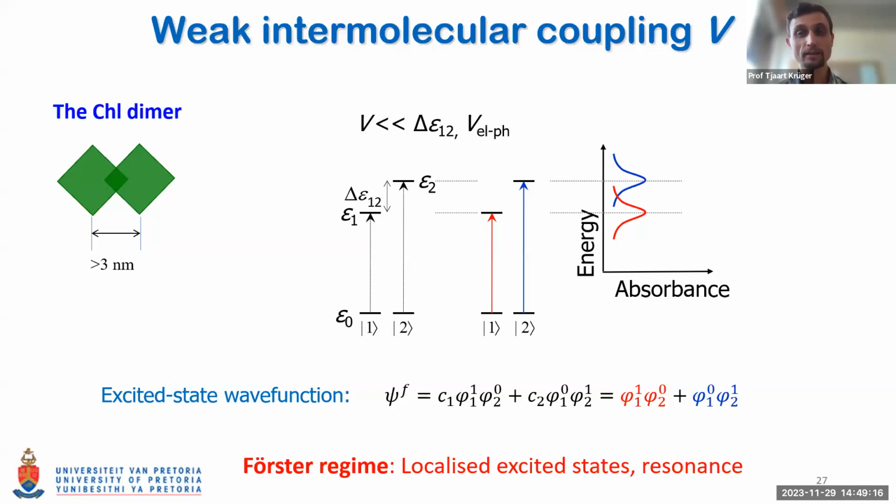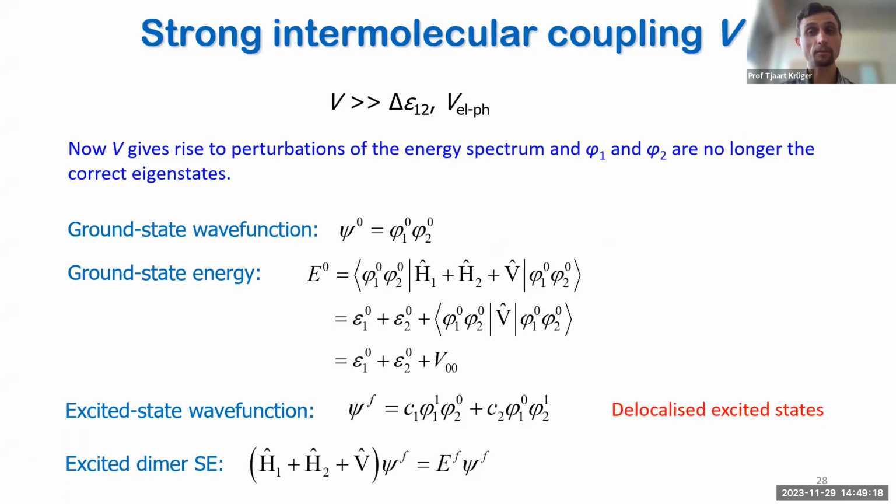Let's now look at strong intermolecular coupling, the other limit, where the interaction energy is much greater than the energy difference between the two interacting dipoles, and also much greater than their interaction with phonons. So in this case, the interaction energy gives rise to perturbations of the energy spectrum, and phi 1 and phi 2 are no longer the correct eigenstates anymore.